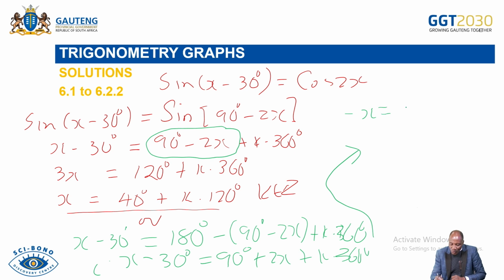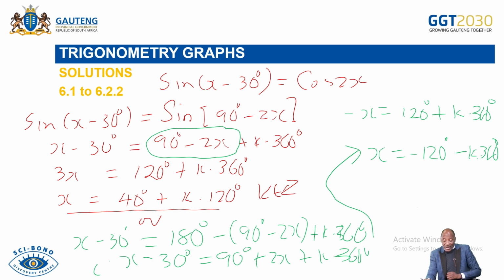It is going to be 120 degrees plus k times 360 degrees. Then you divide throughout by negative 1. Our final answer will be x equals negative 120 degrees minus k times 360 degrees.